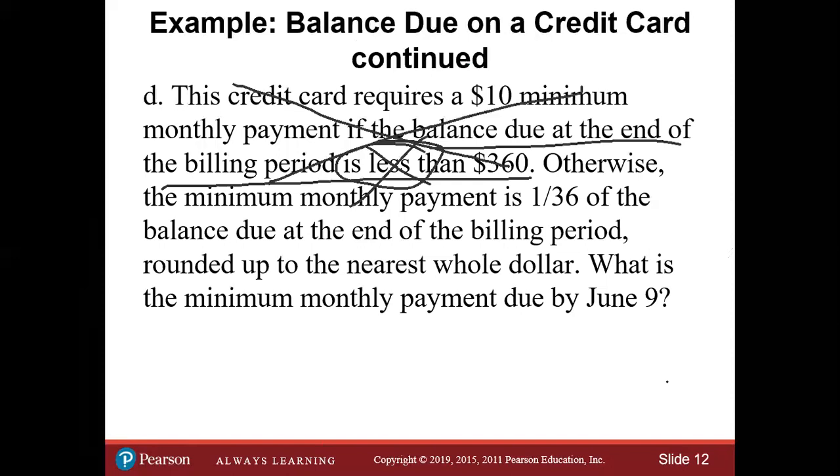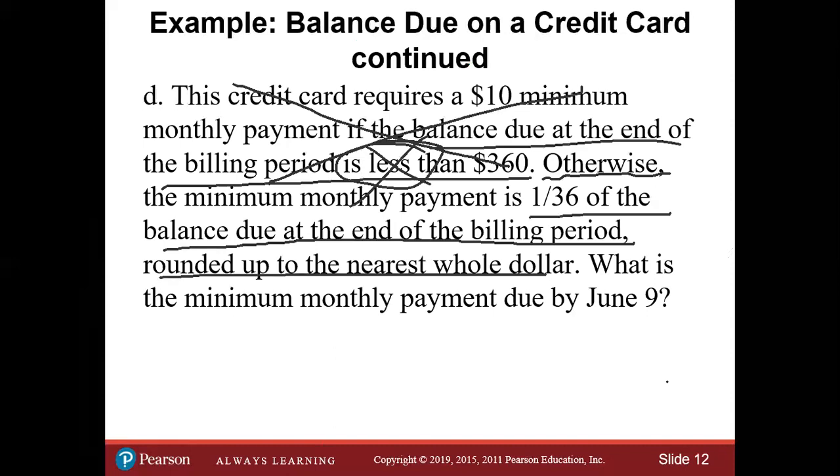Instead, we're going to have to see what they say otherwise. So otherwise, the minimum monthly payment is 1/36 of the balance due at the end of the billing period, rounded up to the nearest whole dollar.